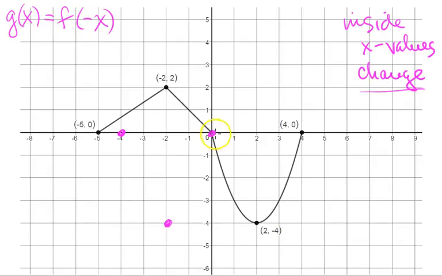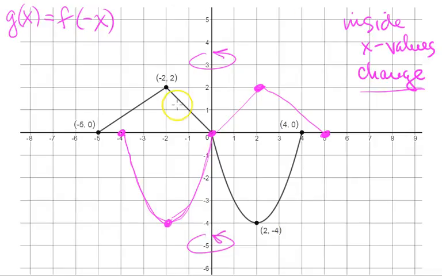The 0 and the x stays the same. This negative 2 becomes a positive 2. The negative 5 becomes a positive 5. And I copy the shape. So now the wire runs through the origin from above, and my horizontal reflection is a reflection around the vertical axis.